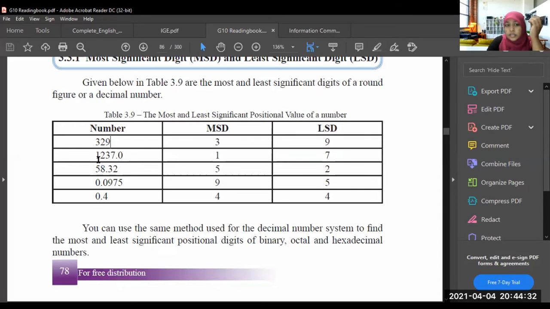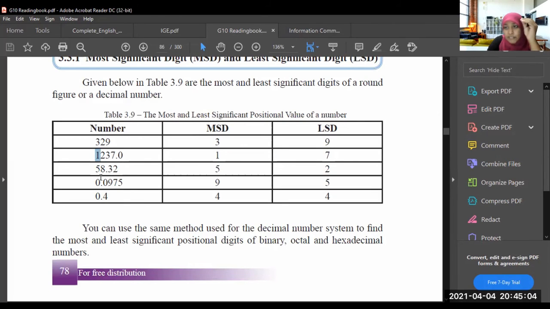In the second one, 1237.0. So it is a decimal number, right? There is a decimal. Here, the most significant value, the biggest value in this number, is 1000, right? 1237.0: the position of the biggest number, the number is 1, because it is positioned in the thousands.